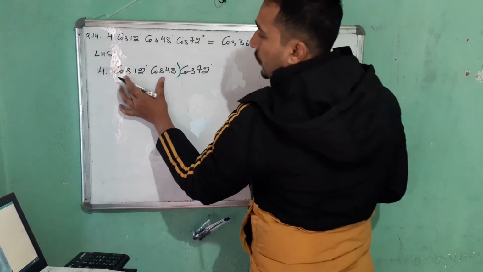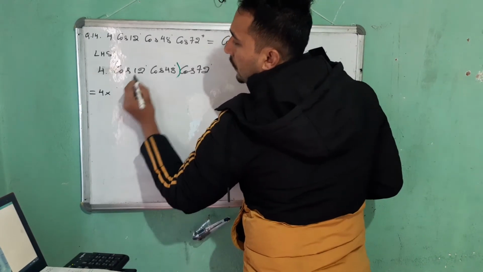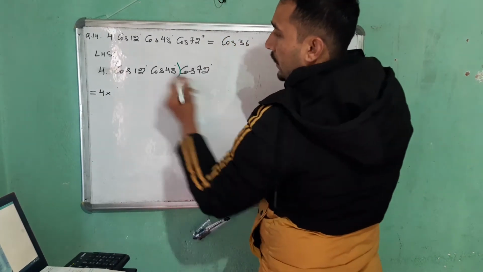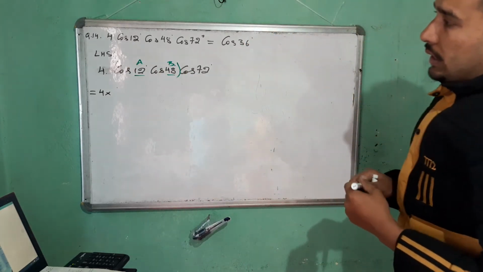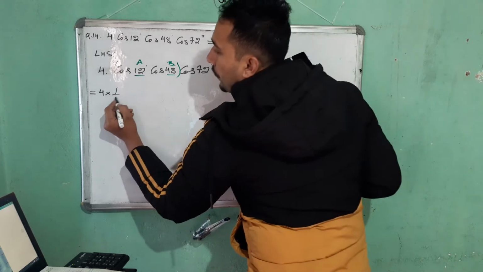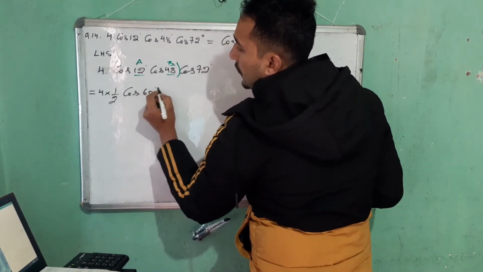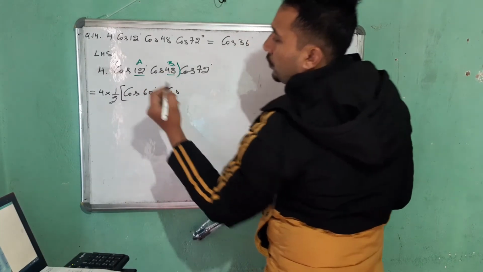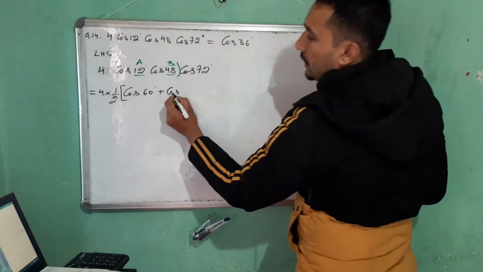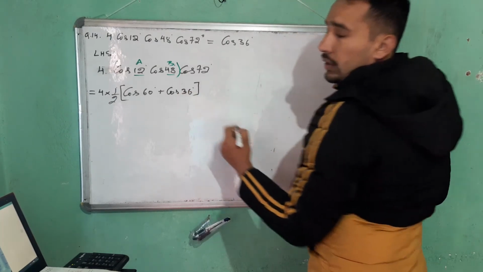This 2 I'll simplify. 2 cos A cos B is cos(A plus B) plus cos(A minus B). 12 plus 48 will be 60, plus cos A minus B, 12 minus 48 is minus 36, but no need to write minus, 36 degree, since cos(-θ) is cos θ.